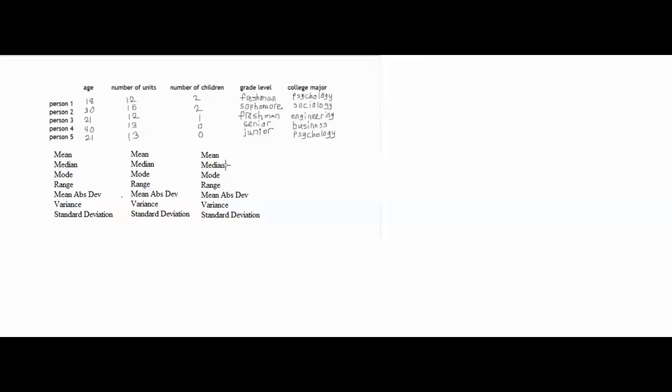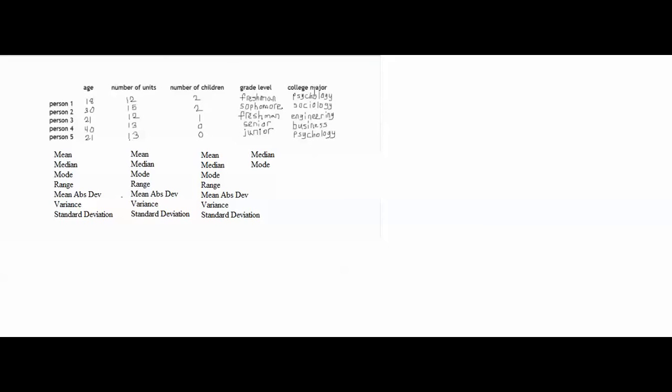We can calculate a median and a mode, and if it's not quantitative, we can't calculate any of these measures of dispersion that we've been covering. So we actually can't calculate these last four values. So for this column, we could calculate a median, a mode, and that's all, since it's a column of ordinal data, it's not quantitative.